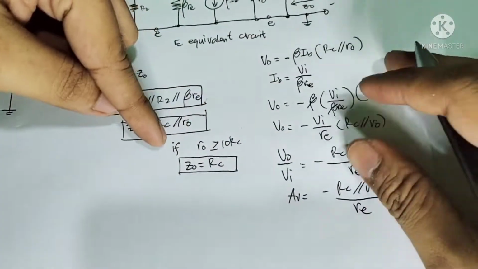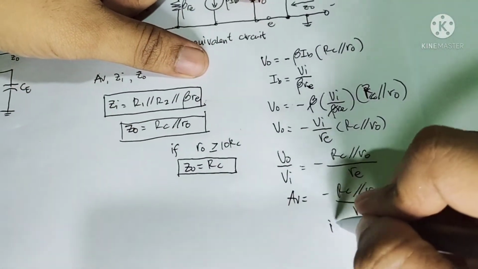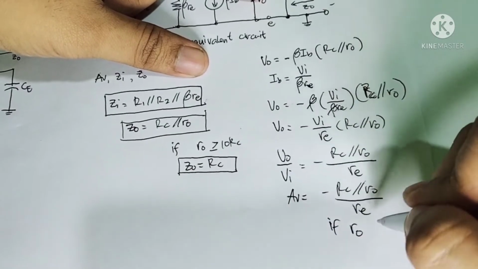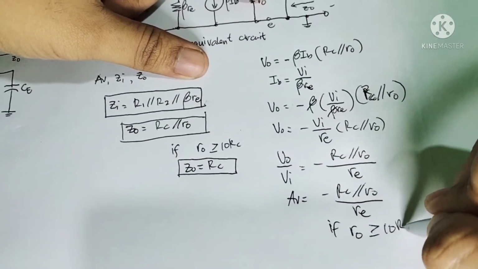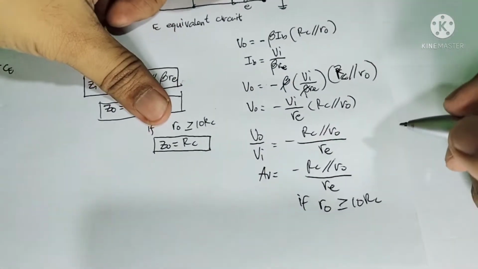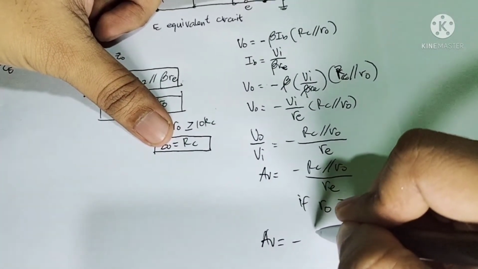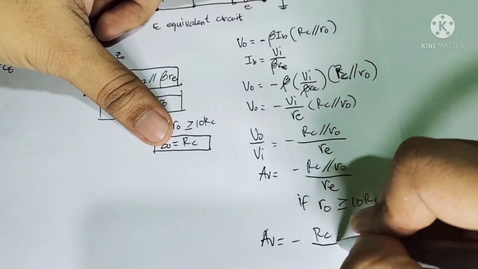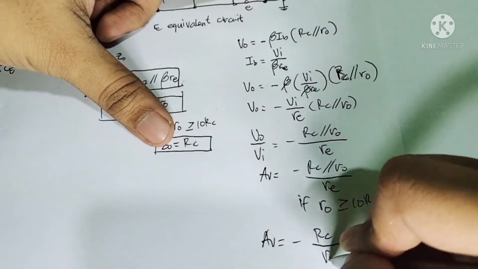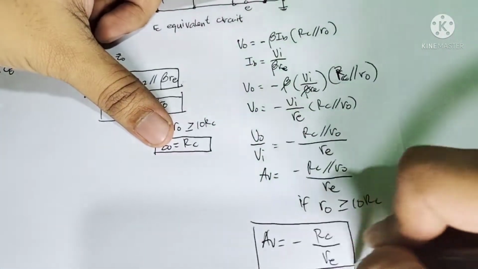But same with the output impedance, if RO is 10 times greater than RC, we can approximate the formula by neglecting R sub O. So therefore this is the voltage gain.